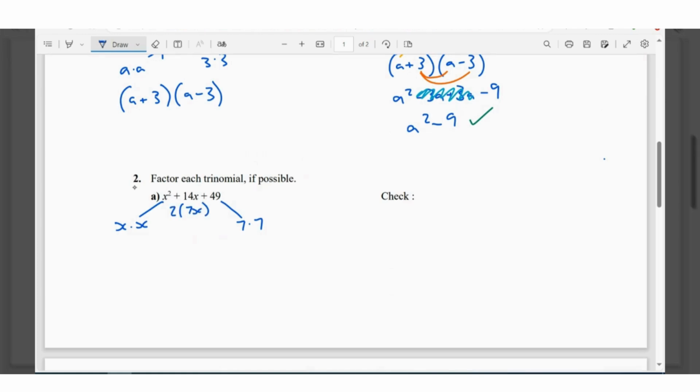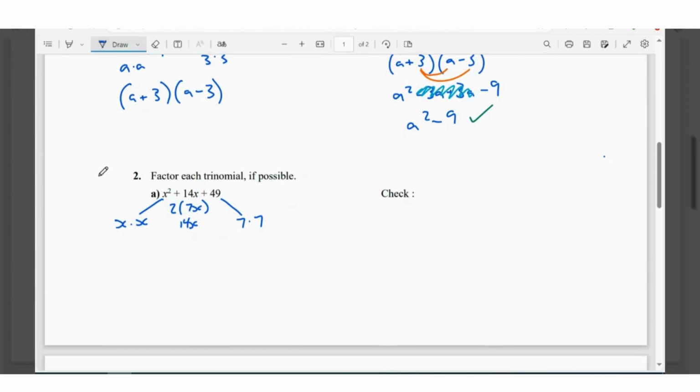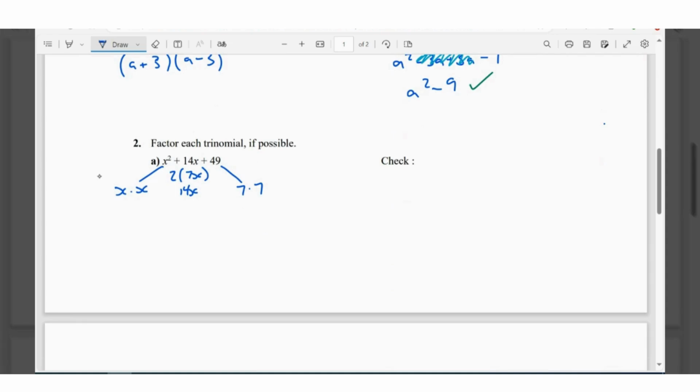Yeah, I would say that it is, that's 14x. And so what we need to do here is just match these up. We've got an x plus 7 and an x plus 7. And so it's x plus 7 squared. That's why it's a perfect square. It's this times itself.